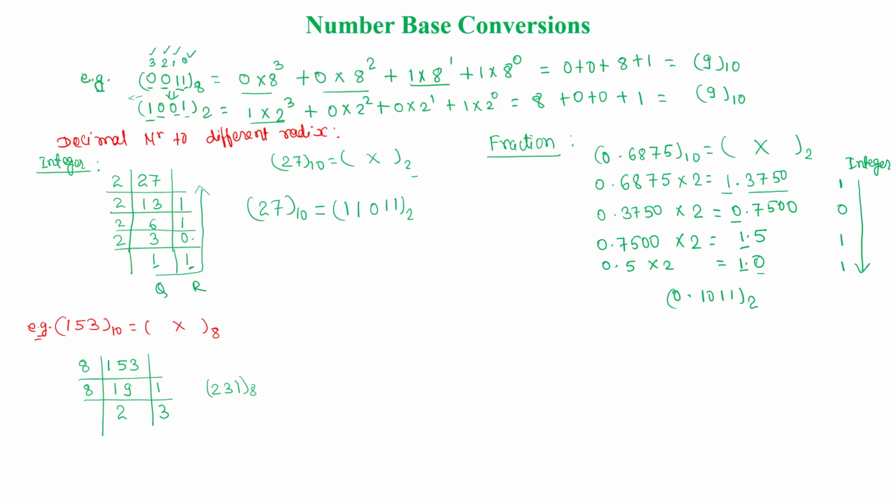Now suppose the radix is not given. Then we have to go for the hit and trial method by seeing the digits. Like here, 1, 2, 3 are the only digits available, so its radix is 4 or more than 4.